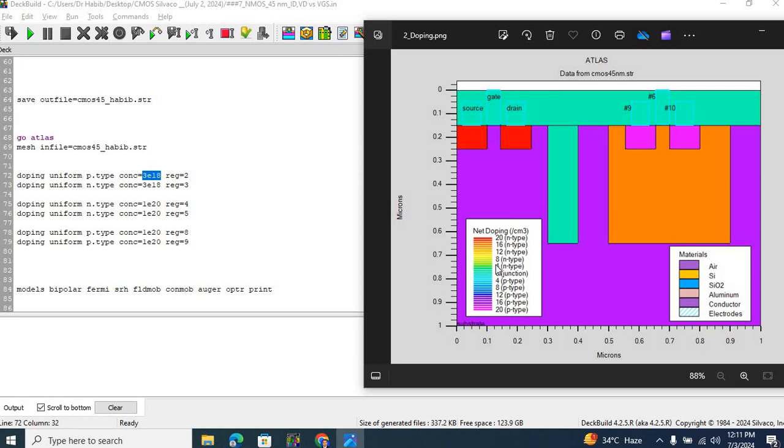This higher doping concentration is a critical aspect of transistor design in modern integrated circuits, ensuring the devices operate reliably and efficiently at smaller scales and higher speeds.